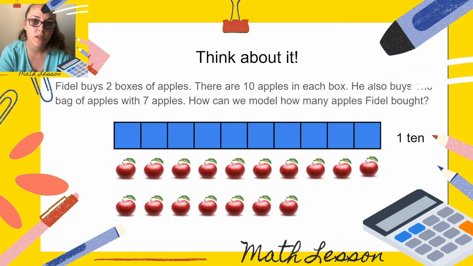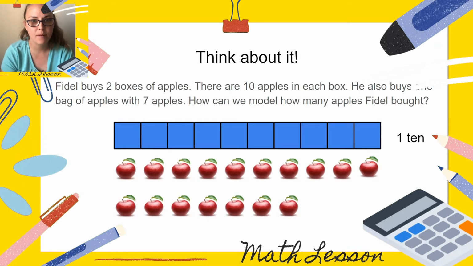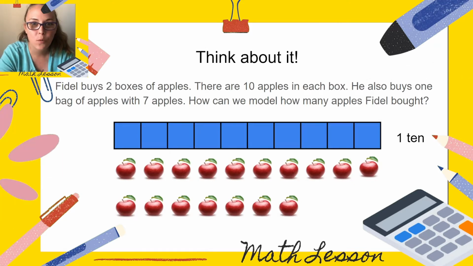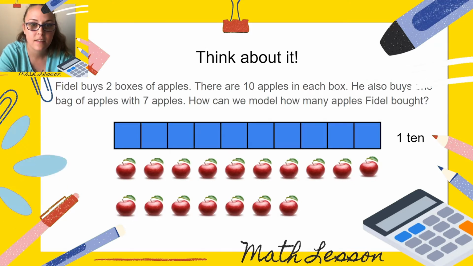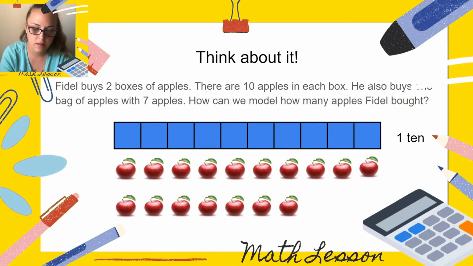So at the beginning, we talked about 1 rod equaling a 10, but do you remember how many ones are in a 10? That's right, there are 10 ones in a 10. So the first row of apples makes a 10. That means the second row of apples, how many does it make?